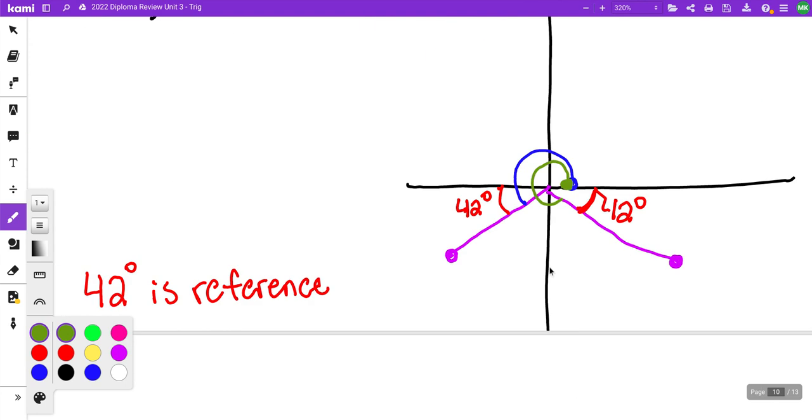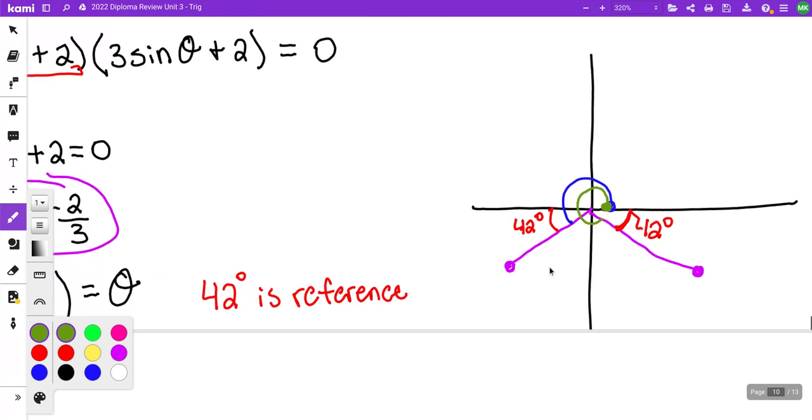We're looking for this blue one and this green one. The blue one would be 180 plus 42. The green one would be 360 subtract 42. Right? Your calculator will only give you reference angles. That's what it's going to calculate for you. You then determine the standard position angles that would solve your equation.